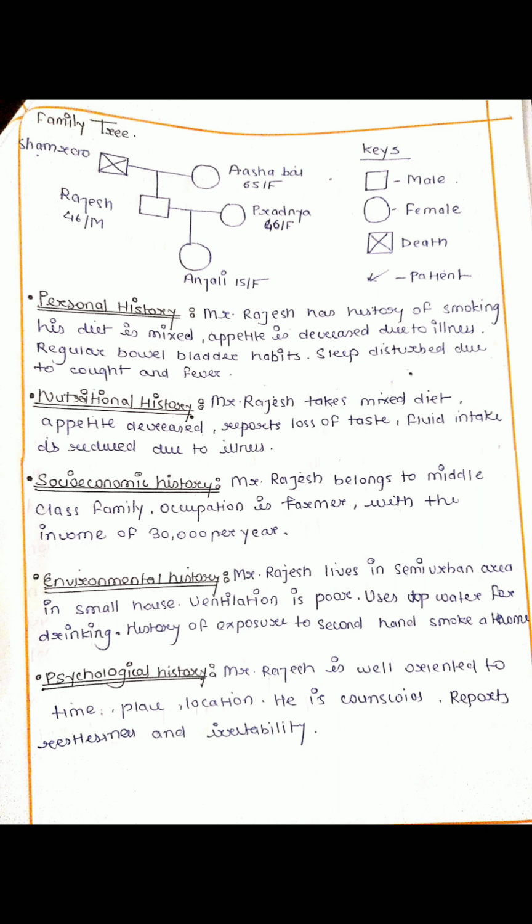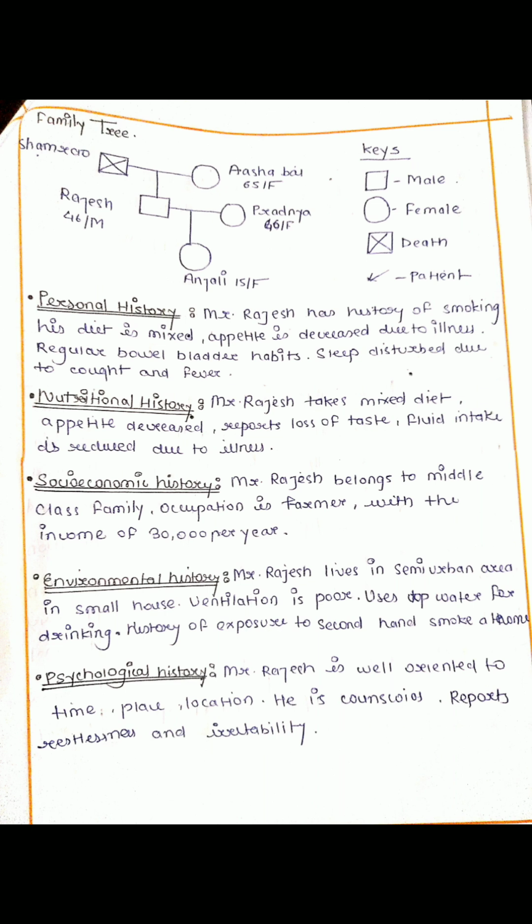Then comes personal history. In personal history, we have to write their habits, like hygiene, their smoking habits, like if the person is addicted to alcohol, smoking, or anything like that. Then their sleep history, like the sleeping hours they are getting, like 4 to 6 hours or not.